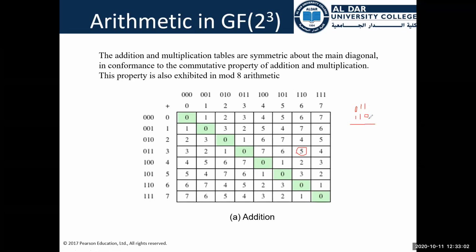We make XOR operations between them. So this is 1, this is 0, this is 1. Now we have 1, 0, 1, which is 5 in binary. If you know about binary, this is equal to 5.